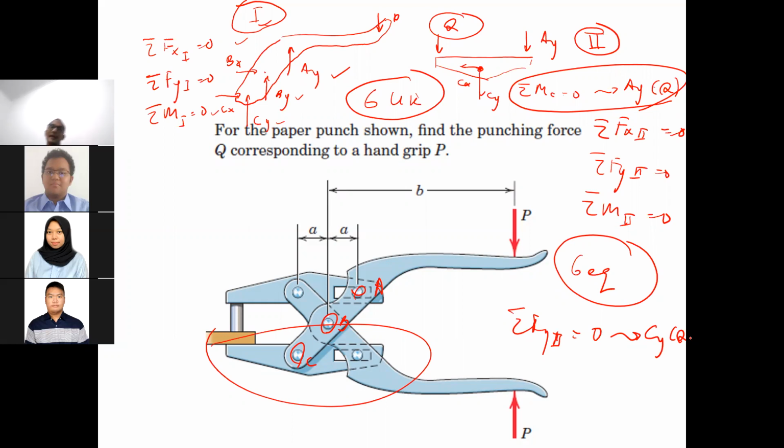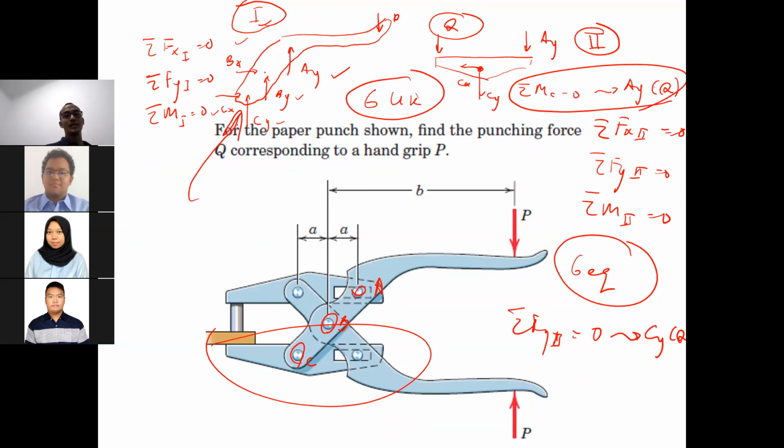Okay, then the equations for Ay in terms of Q and Cy in terms of Q, you can put them here in the first free body diagram. Later you don't have Cx anymore because Cx is 0.